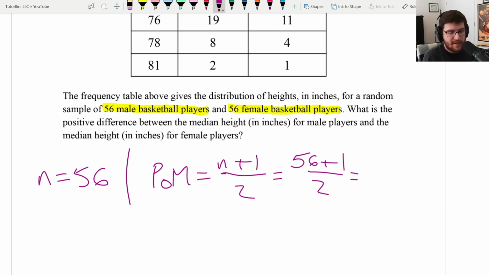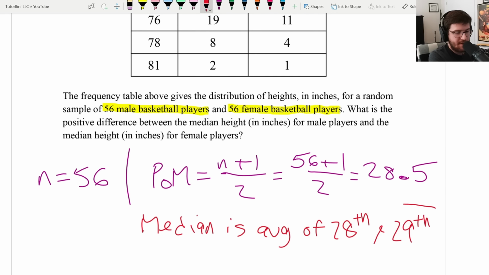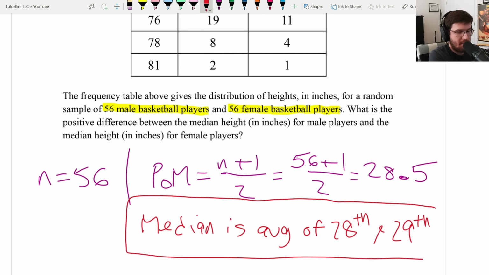I do that on a calculator, and I get 28.5. The 28.5 tells me it's smack between 28 and 29. So the median is the average of the 28th and 29th for both data sets. So if we can find the 28th and 29th number in each of these data sets, we've essentially solved the problem.